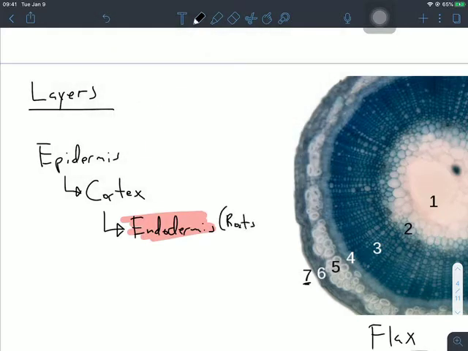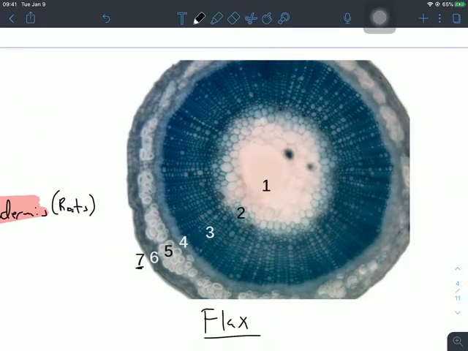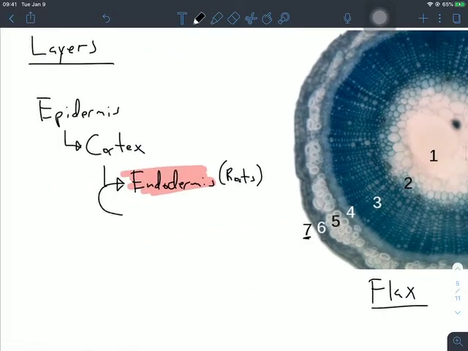But if you do not encounter the endodermis, like in this stem here, there is no endodermis, you will instead get directly into the phloem. Once you pass through the phloem, you encounter the xylem.